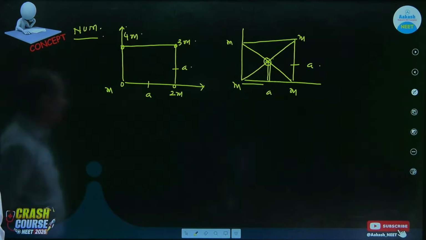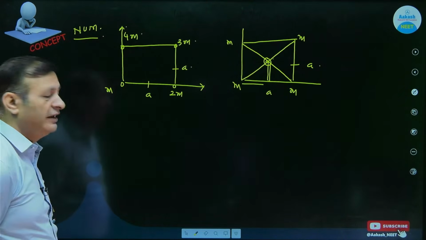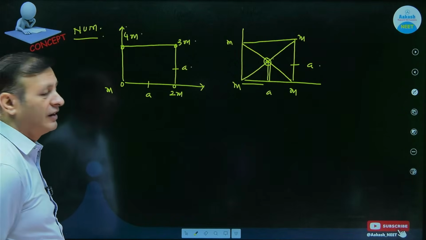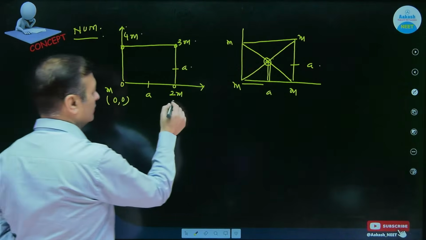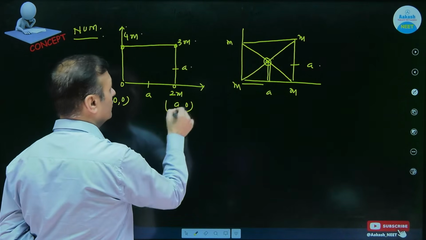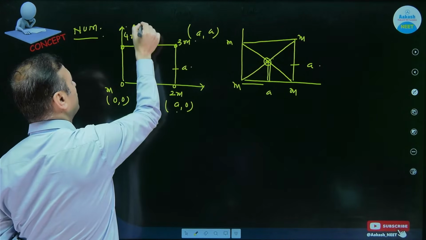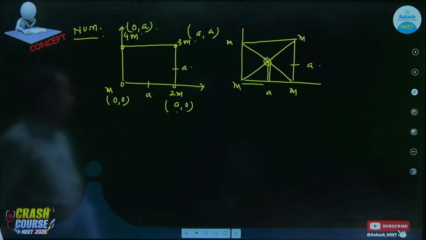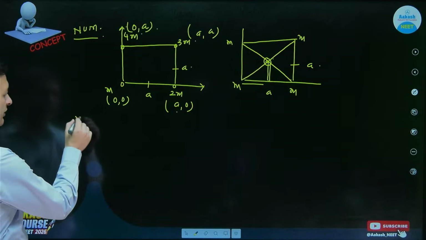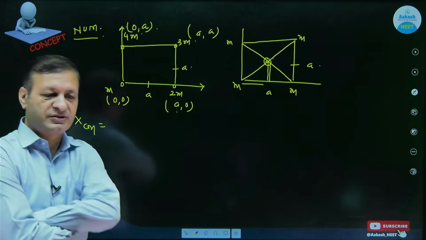But now if you have 4 different masses, then again going by the same fashion, you have to put the coordinates. So this coordinate is, this coordinate is, this coordinate is, and the coordinates for this is 0, a. Now once you have all the 4 coordinates placed intact, give me the value of x coordinate of your center of mass.